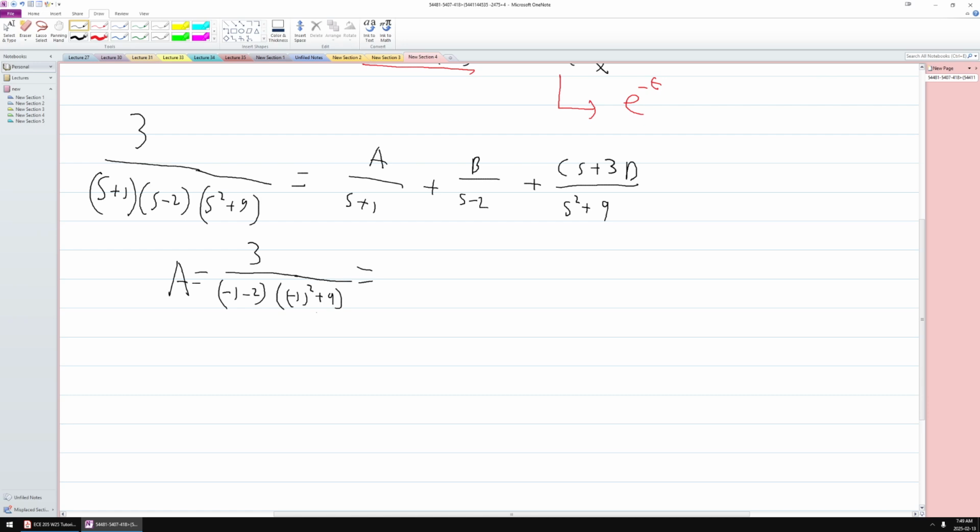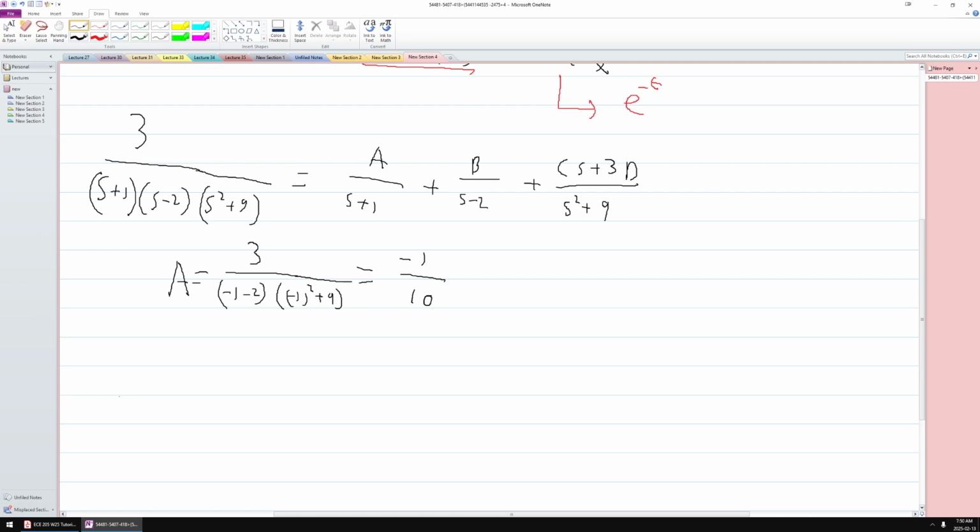Yeah. So from here, this is going to be 3. The bottom gets me a 3, so I can cancel them. So I get minus 1 over 10. Right? So the negative 3 gets me the minus 1, and then I get my 10 coming through there. Okay, that was nice and easy.